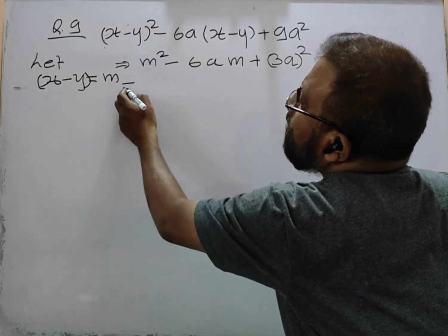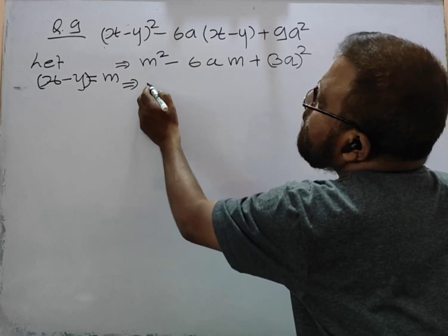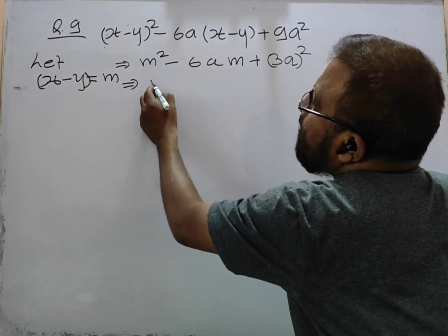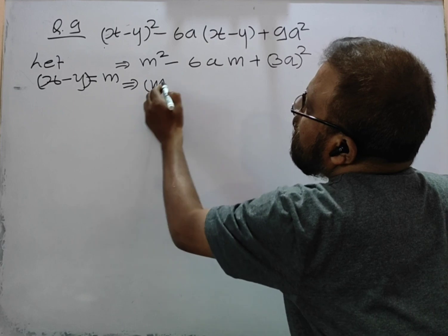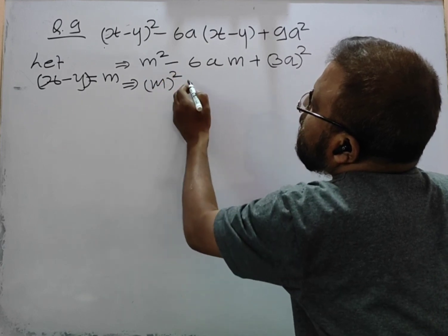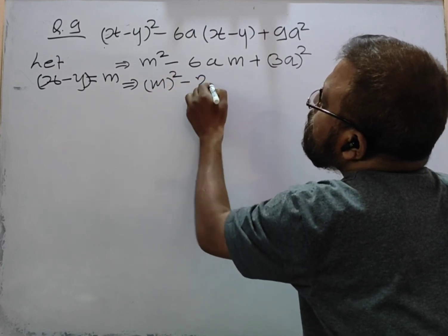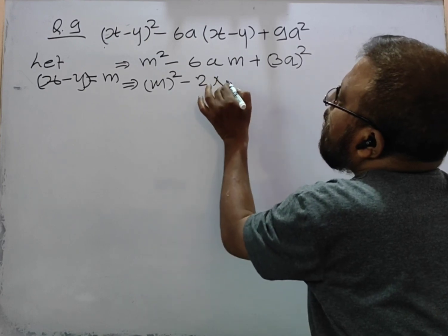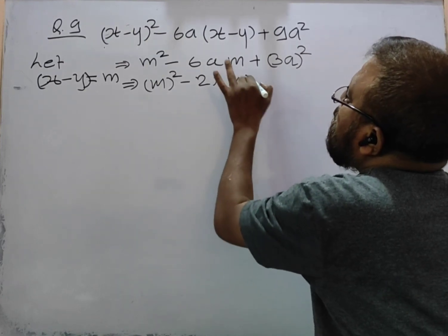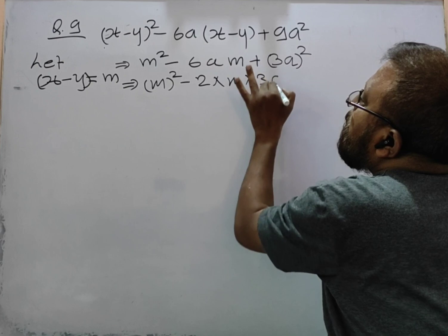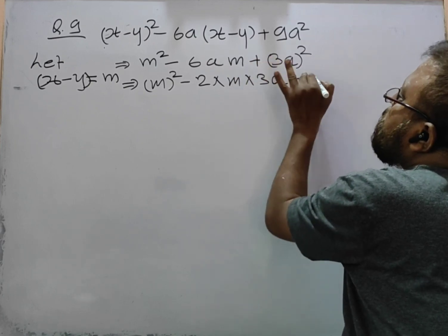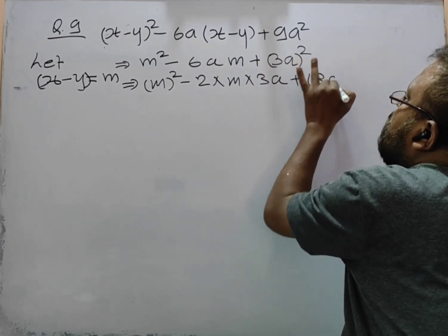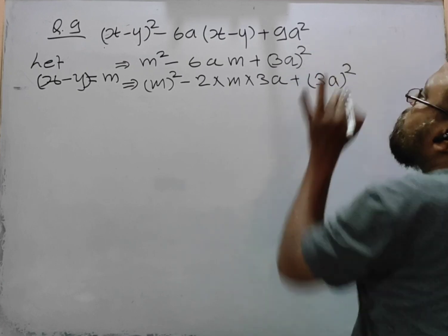Now this is m whole square minus 2 into m into 3a plus (3a) whole square.